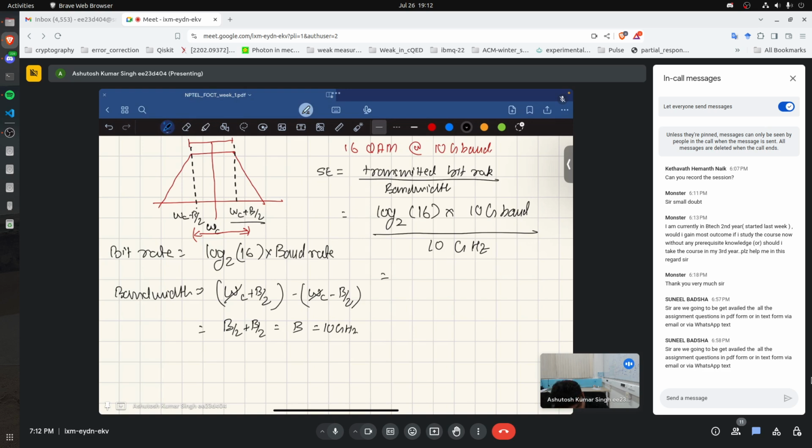So you see that your efficiency is just 4 bits per hertz per second.